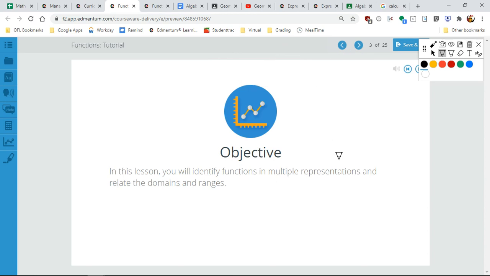When it's talking about domains and ranges, it's talking about all of the possible x values that turn into possible y values. Sometimes, if you watched the other video, that's continuous, meaning there are going to be fractions and small fractions and stuff like that.